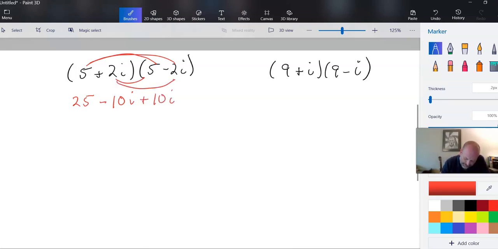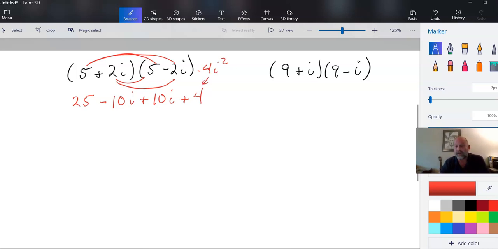And 2i times minus 2i. Now, this is where I try to get you guys to start doing this in your head a little bit. That gives me minus 4i squared. The i squared makes it a plus 4, right? So just so you know, that last thing ended up being a minus 4i squared, which ended up giving me a positive 4.